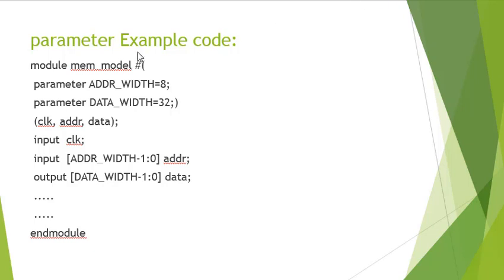Here, parameter is the keyword followed by addr underscore width equal to 8. Wherever we use addr underscore width in the entire program, the value will be taken as 8. Here we can modify the value, and that is reflected in the entire program.